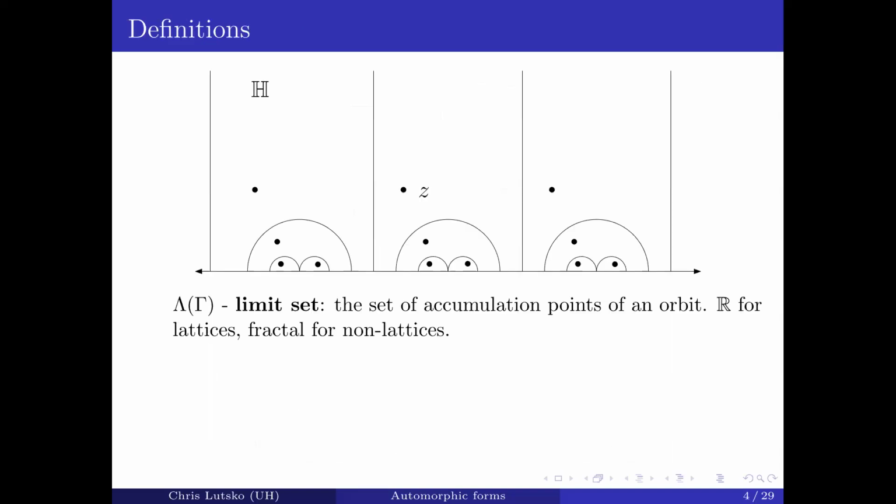A couple of definitions that we're going to need as we proceed. The first is what's called the limit set. The limit set is the set of accumulation points, or really it's the closure of the set of accumulation points, I should have said, of any orbit. So if we take an orbit of Z by gamma, then it'll start to accumulate on the boundary.